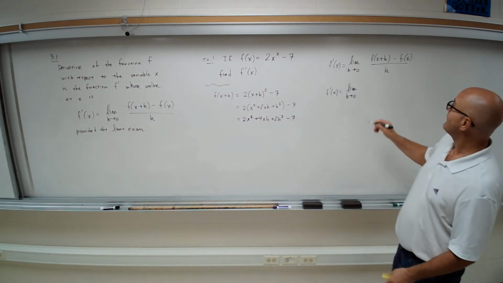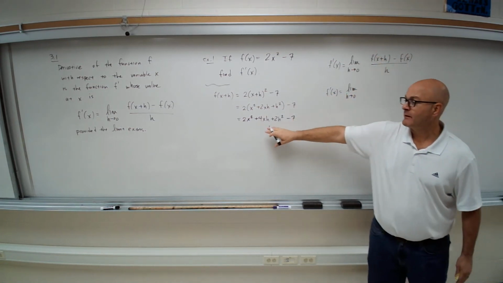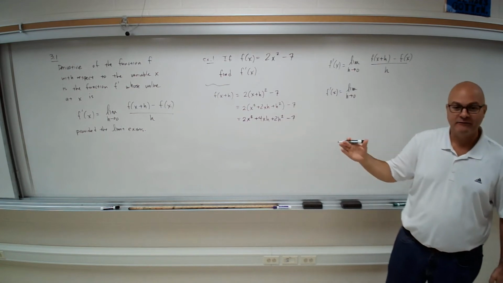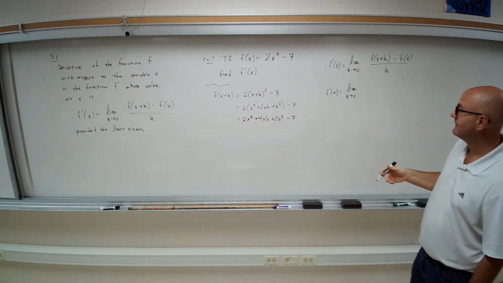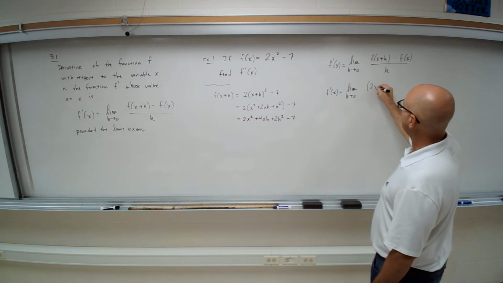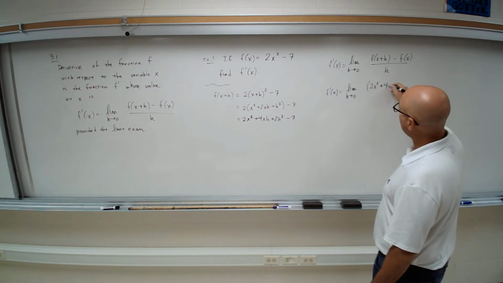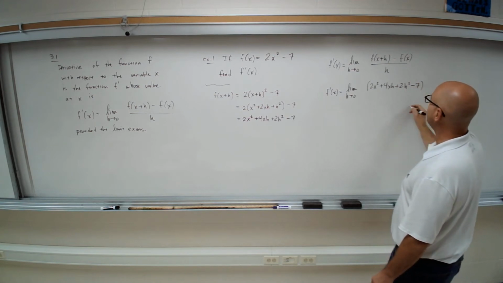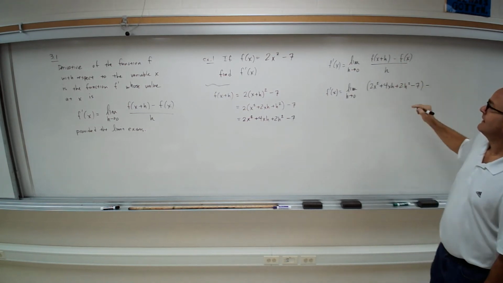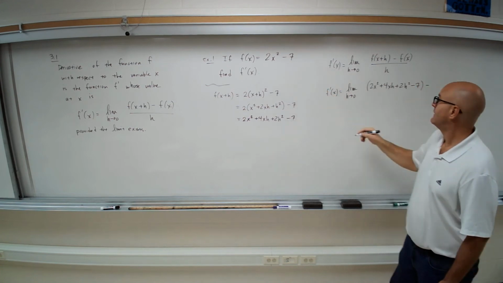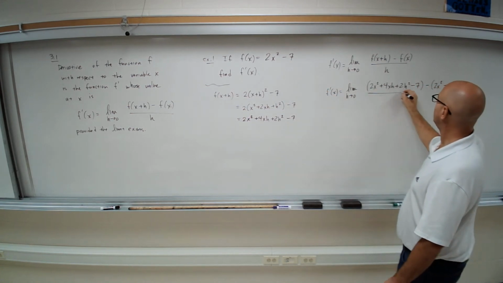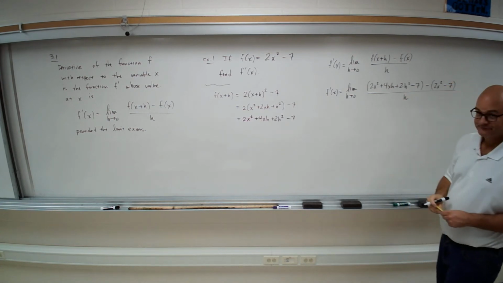So here, I'm going to take f of x plus h, and I'm going to replace it with this expression. That's why it was nice to find it off to the side. You get to write limit about 5 times less, right, than if you did it in the formula. So 2x squared plus 4xh plus 2h squared minus 7 minus, then f of x is 2x squared minus 7, over h.